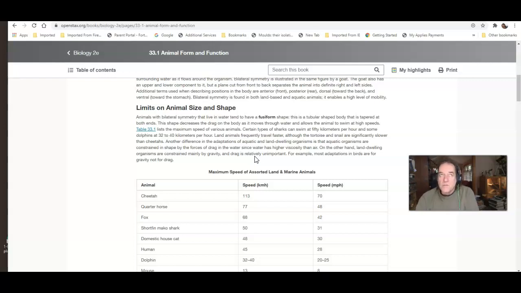When you get up to an elephant, think of an elephant walking around, the amount of the body weight that's dedicated to the skeleton and the skeletal muscles is a much larger percentage of the total weight of the animal. And that kind of limits how big animals can get. So on land, there were some dinosaurs that were substantially larger than elephants, but not too many varieties, and most of the dinosaurs also would have been elephant-sized or smaller.